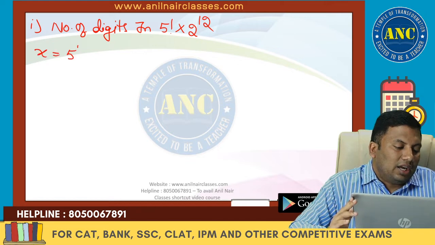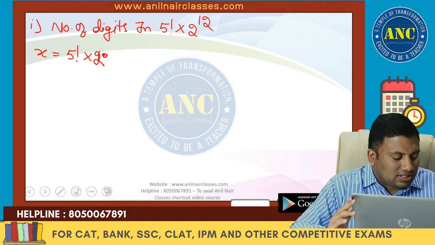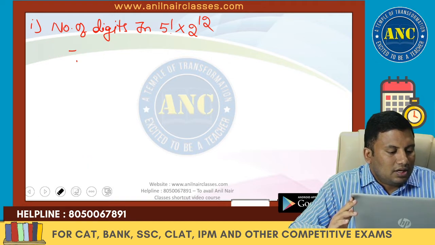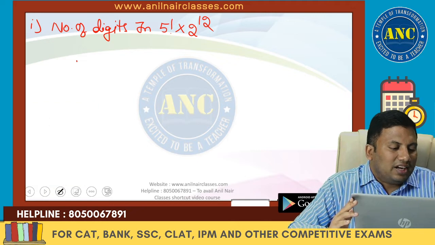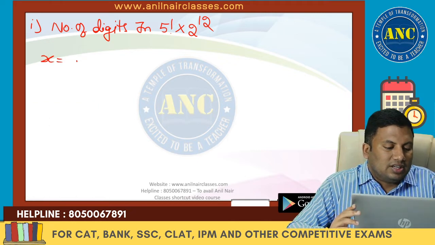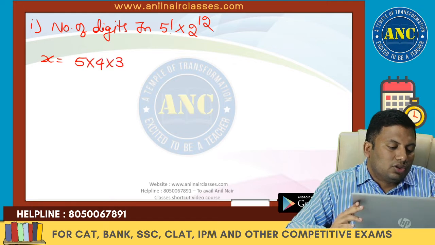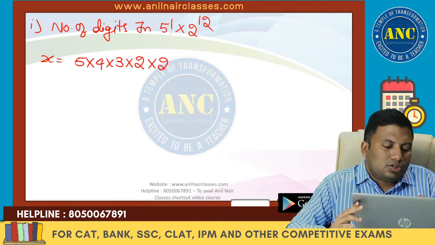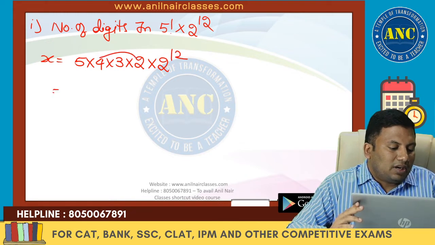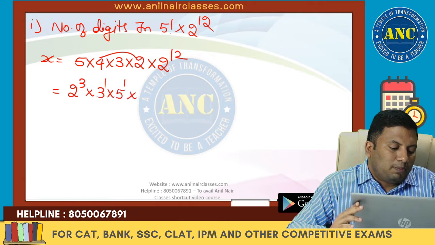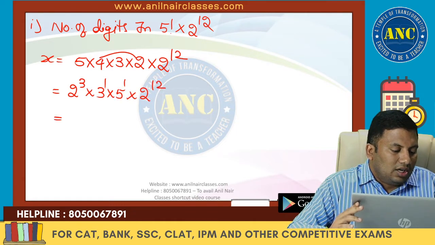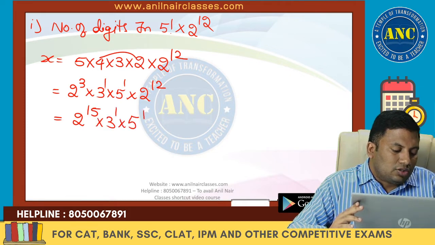Any factorial can be written as a power of prime bases. 5 factorial is 5 into 4 into 3 into 2, into 2 power 12. This is nothing but 4 into 2, 8. 2 cube into 3 power 1 into 5 power 1 into 2 power 12. This is nothing but 2 power 15 into 3 power 1 into 5 power 1.